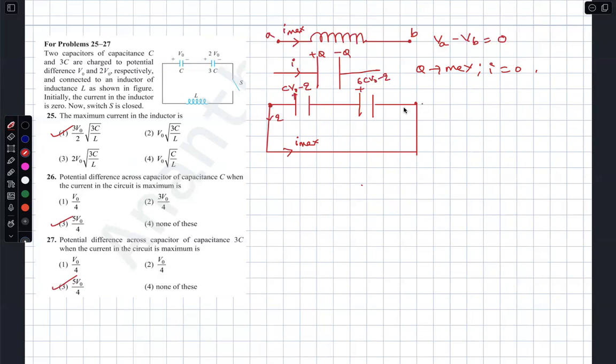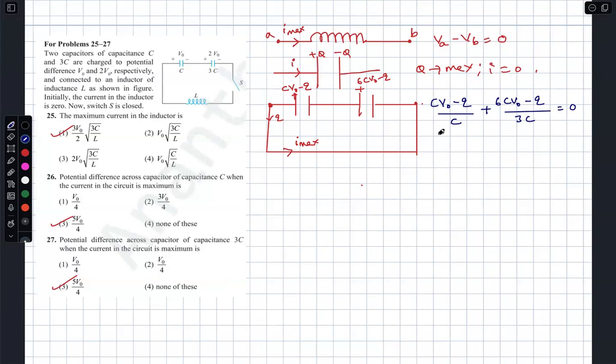You said the potential drop across this is 0. Honestly, you should accept every step here. Otherwise, it is your right to question me. CV naught minus Q by C plus 6 CV naught minus Q by 3C is equal to 0. Yeah, of course, you said potential drop is 0.